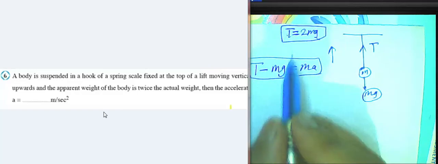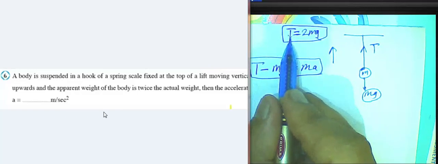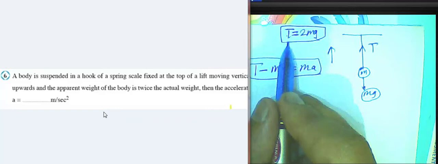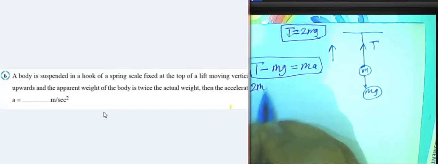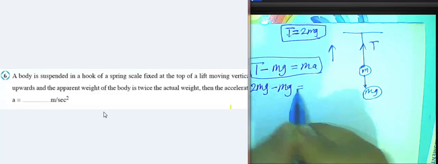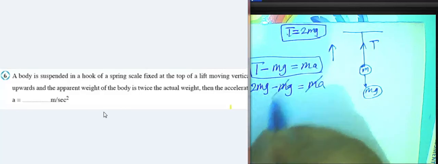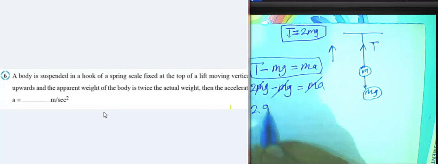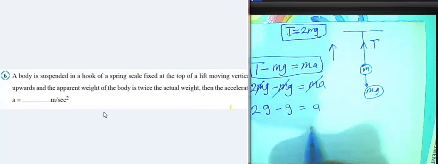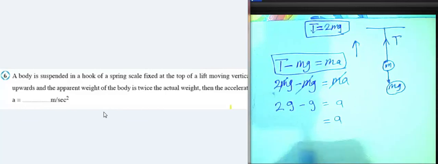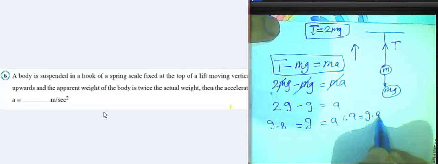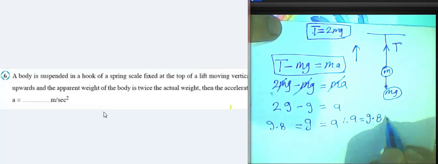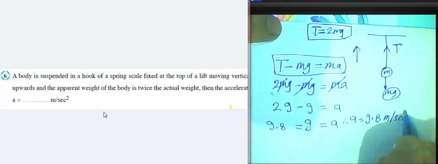It's the rule. Then we can cancel T here and write the reading as 2mg. We write 2mg subtract mg equal ma, and then we cancel m with m with m, and the result will be 2g subtract g equal a. Then acceleration will be 2g subtract g equal 9.8. Then acceleration will be 9.8, and the unit will be meters per square second.